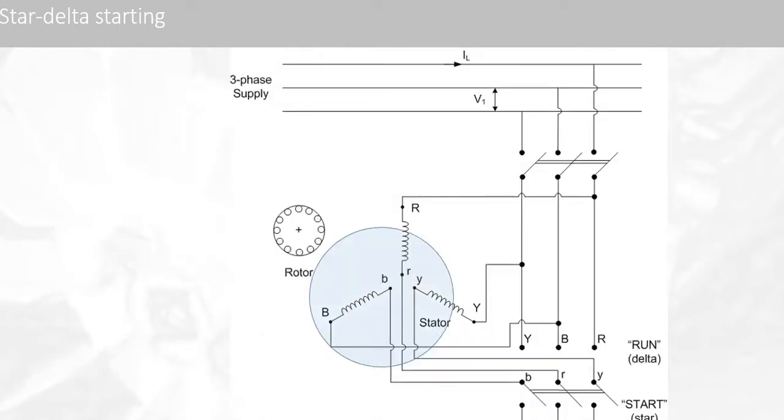Okay, so this is the typical diagram of the star delta starting. So this is the corresponding switch. So whenever we change over the switch, automatically the winding connections are changed from star to delta. Okay, so this is given exactly here. So this is the star connection at the time of starting.